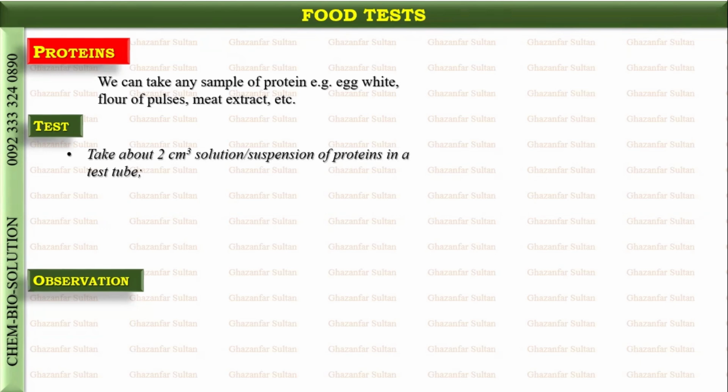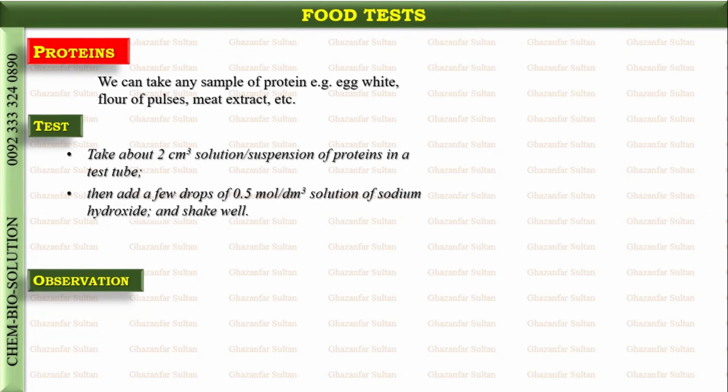You just take 2 centimeter cube solution or the suspension of protein in a test tube. Then add a few drops of 0.5 mol per decimeter cube solution of sodium hydroxide and shake it well. Then add 1 centimeter cube, 1 ml solution of 1% copper sulfate solution that is blue in color.